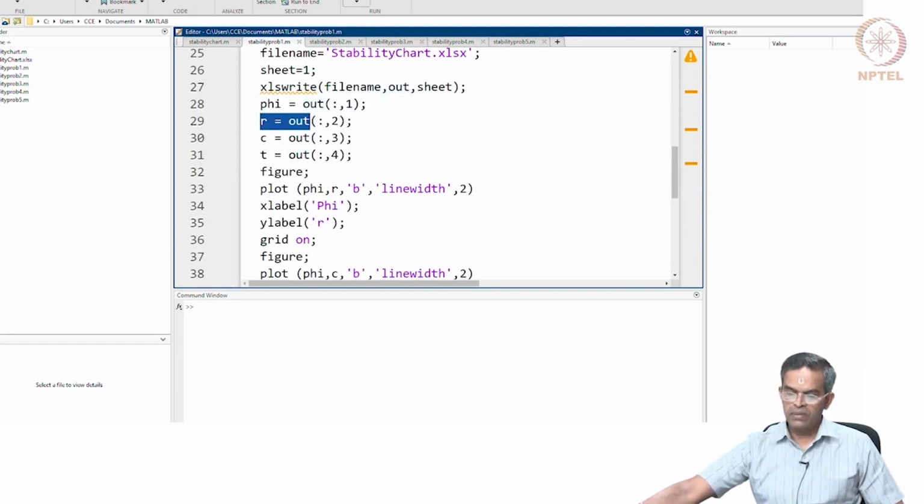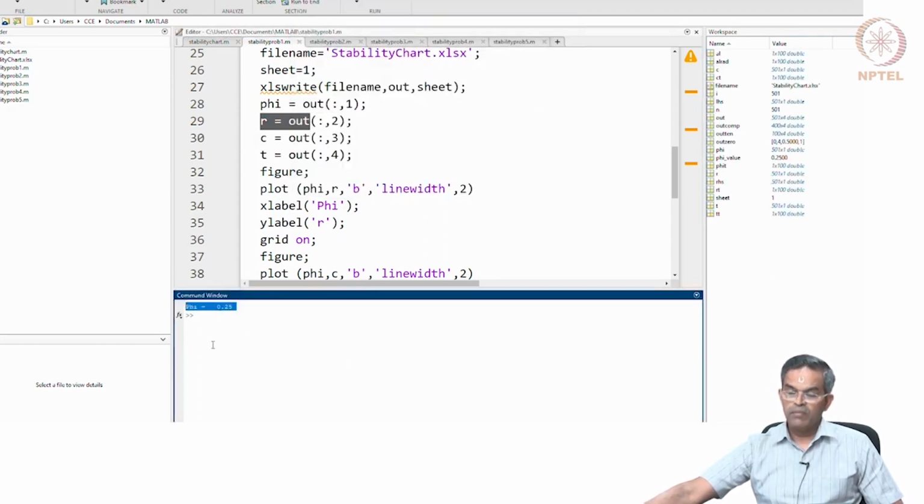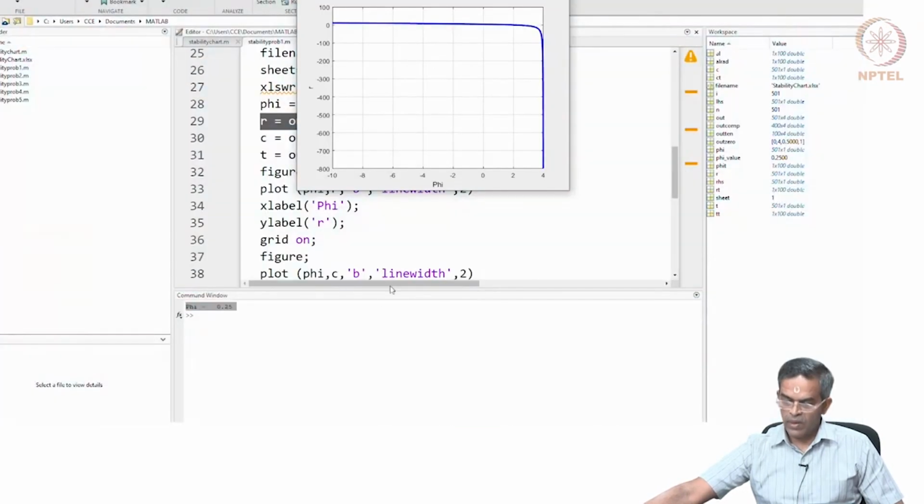So, this program is now run. It gives me the phi value, please see on the screen, 0.25. It also shows me the chart for your learning.